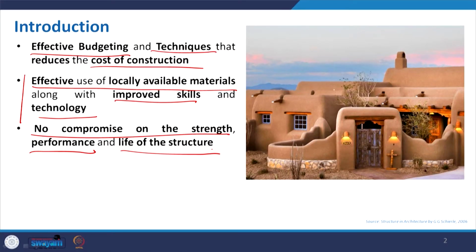Normally we cannot simply take this mud, because in an area where there is rainfall it all washes out. But if we improve the material with an admixture of cement as a fine binder, then definitely that can improve the situation and it can be used as a building material.